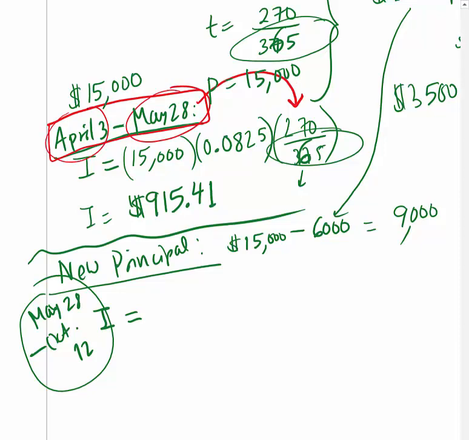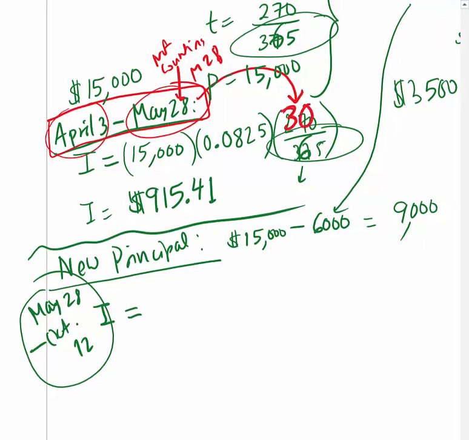So you would think 31 days, but I'm not counting May 28th because he made a payment that day. So it's only 27 days in May that he owed this. 27 plus the 3 would be 30. Sorry, this is a 30-day period. I'm sorry about that. Let me just do that calculation real quick again.